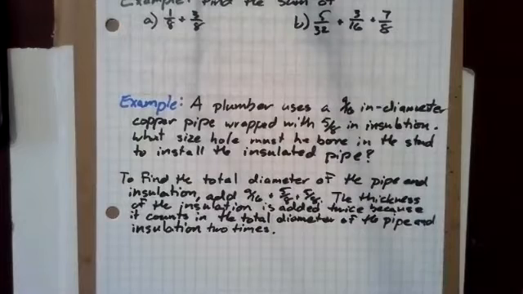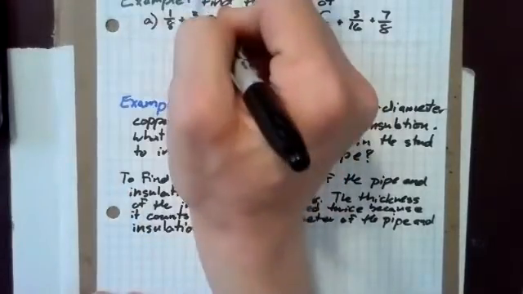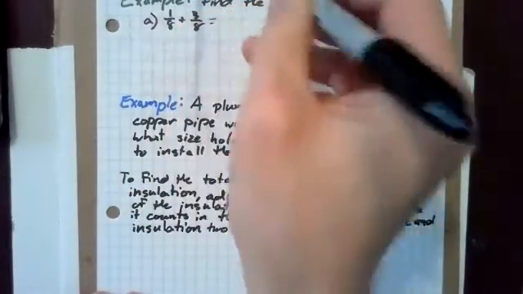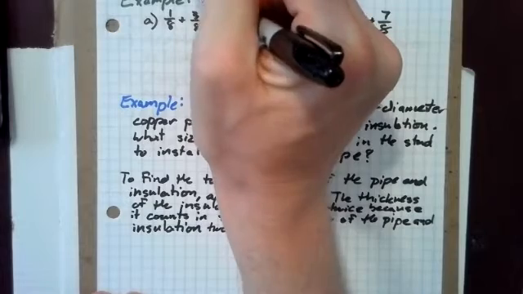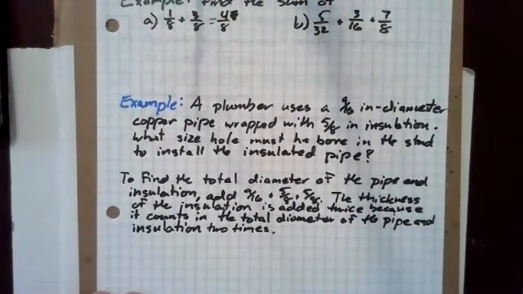Here are a couple of examples. First, we want to find the sum of 1/8 and 3/8. These have the same denominator, so we just add the numerators. We get 4/8. Then we need to simplify this to put it into the lowest terms.